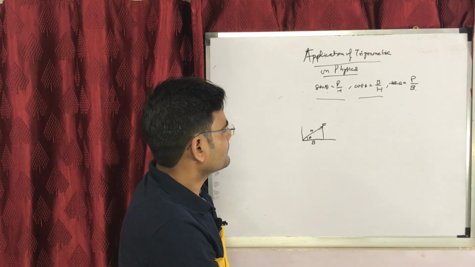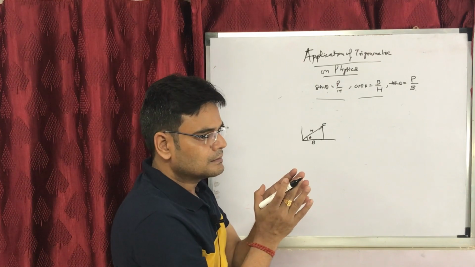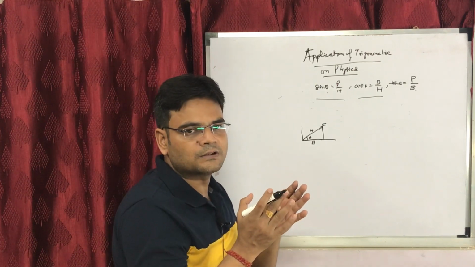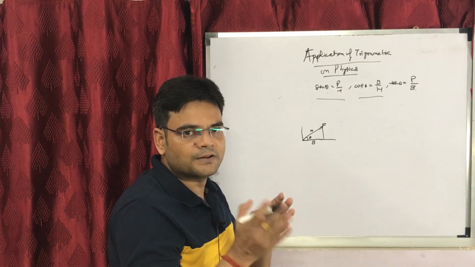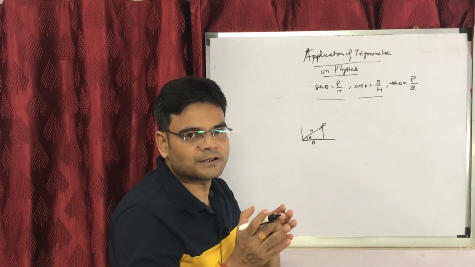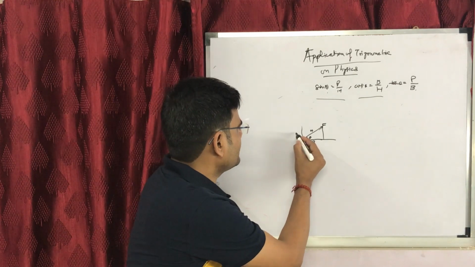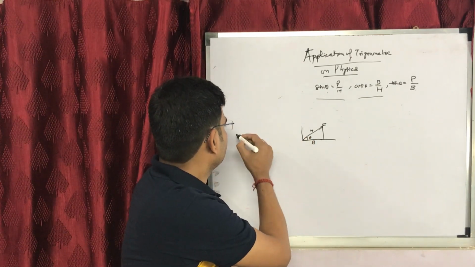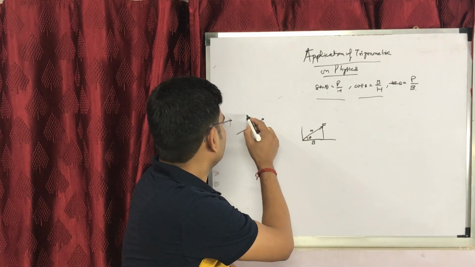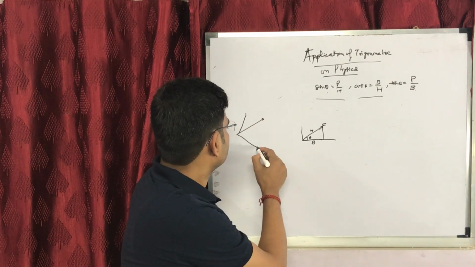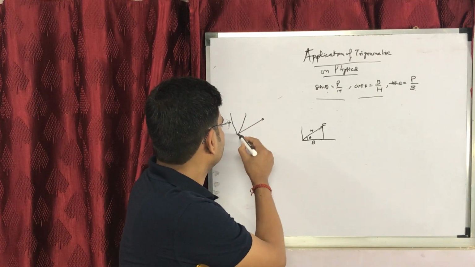Now see, this is not the way it works, but it is the way we assume. There are certain assumptions in physics. You can draw many right angle triangles. Try to understand. If you throw a ball like this, you can make a right angle like this, you can make a right angle like this.